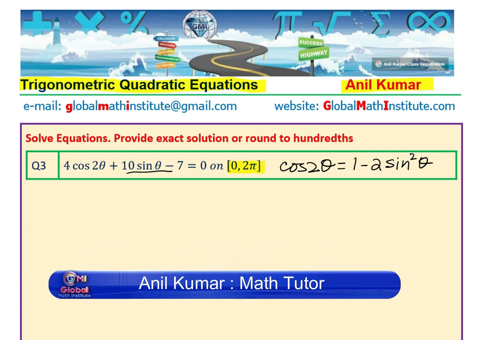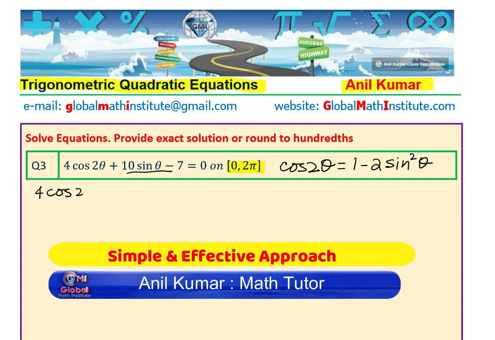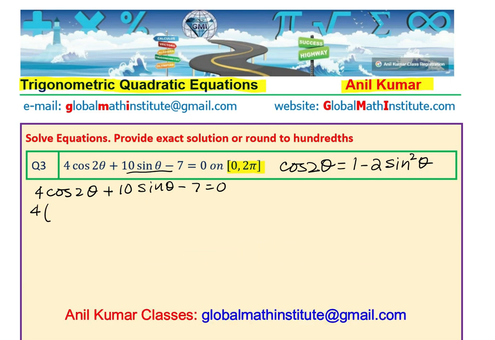So let's do it. Let's copy the question first, which is 4 cos 2 theta plus 10 sine theta minus 7 equals 0. Writing cos 2 theta as 1 minus 2 sine square theta, plus 10 sine theta minus 7 equals 0.